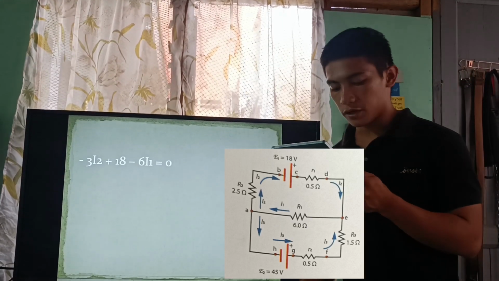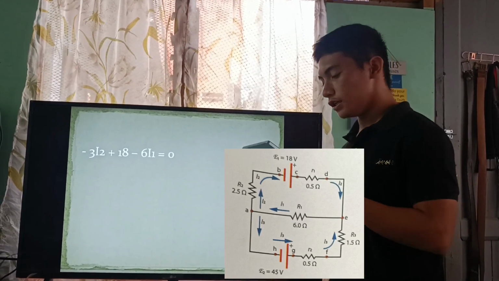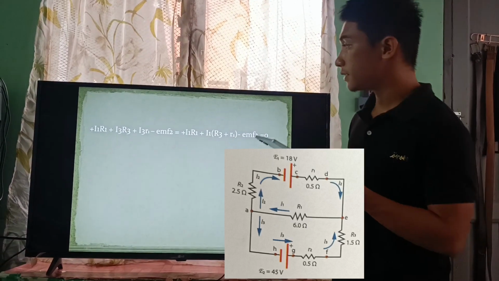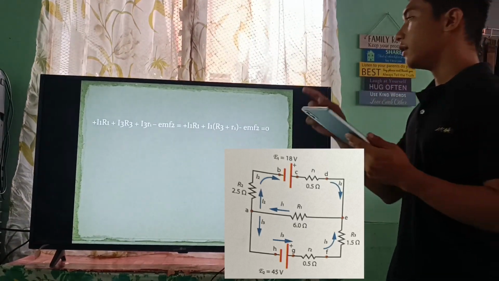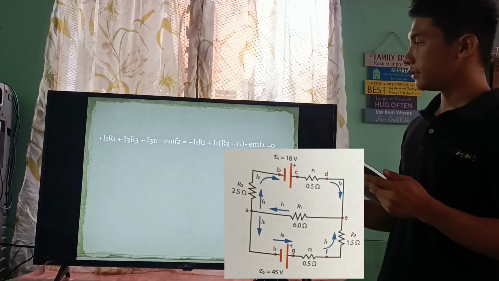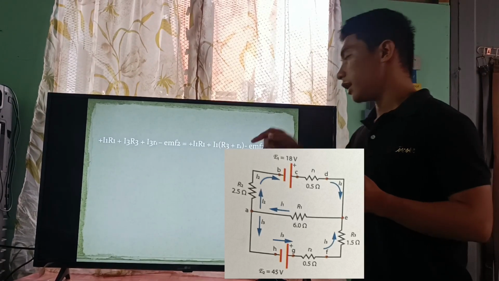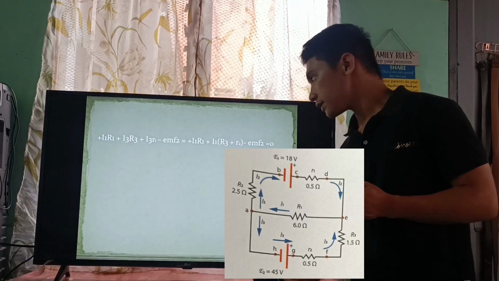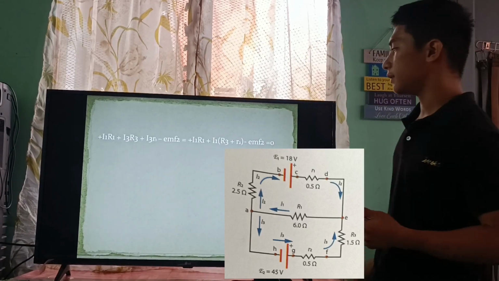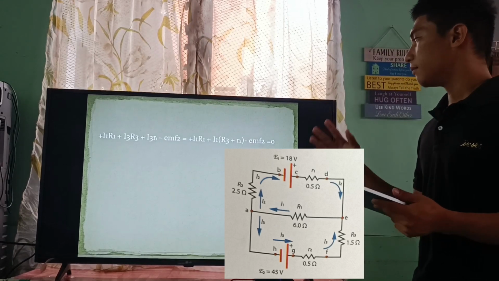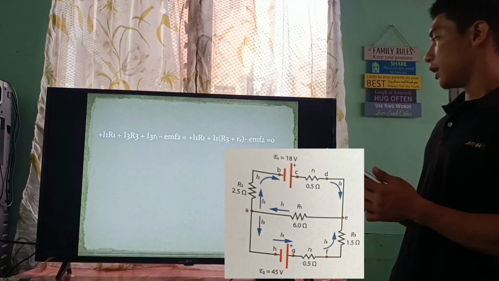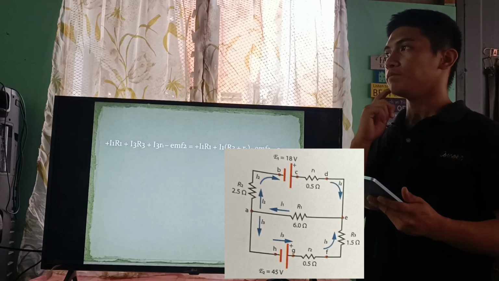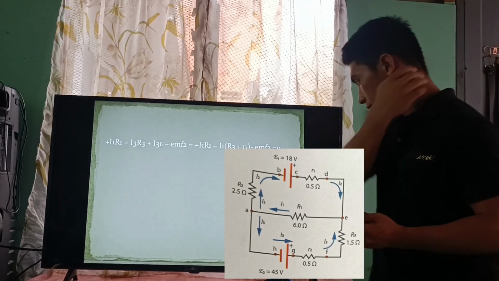But now we apply the loop rule to A, E, F, G, H, A. So it will be positive I1 R1 plus I3 R3 plus I3 R1 minus EMF 2, equals positive I1 R1 plus I1 (R3 plus R2) minus EMF 2 equals 0. So this is the second equation.